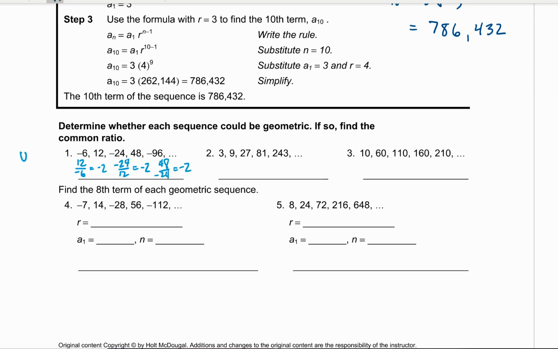All right, I'm going to call it. I'm going to say yes, R is -2.